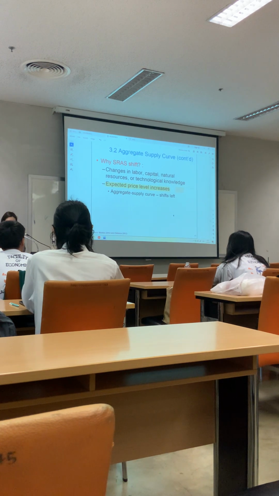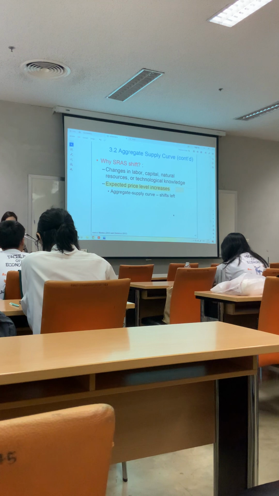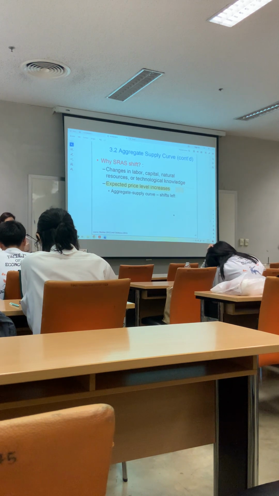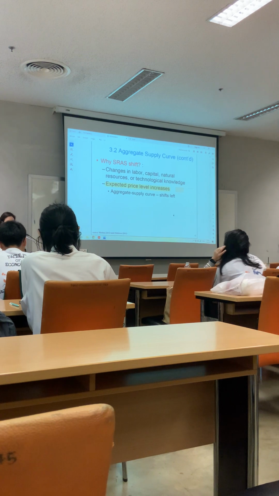Your friend at the front just answered it correctly. Expected price. A change in expected price can make the SRAS shift. But long run AS is not affected by expected price. So the long run AS curve shifts with just those 4 factors, but short run AS has 1 more factor.